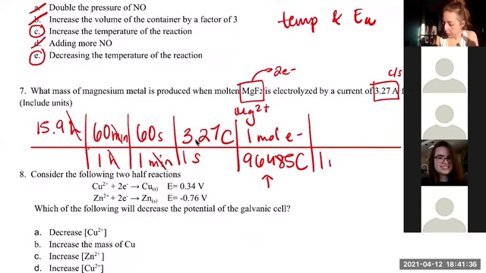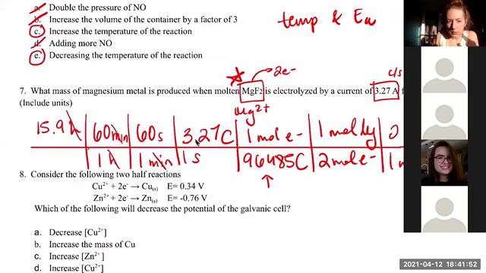For every 2 moles of electrons that we got from over here, there is 1 mole of magnesium. For every 1 mole of magnesium, we have 24.3 grams. So again, we can cross off all of our units, letting the units guide us.